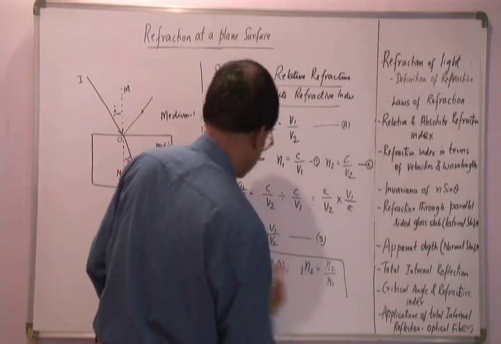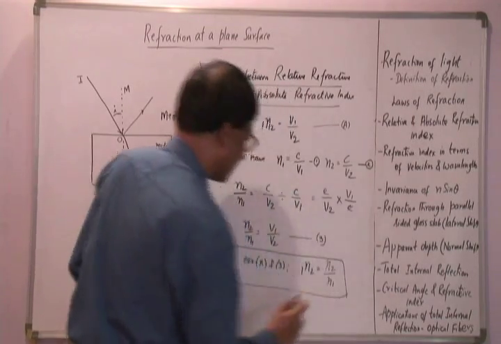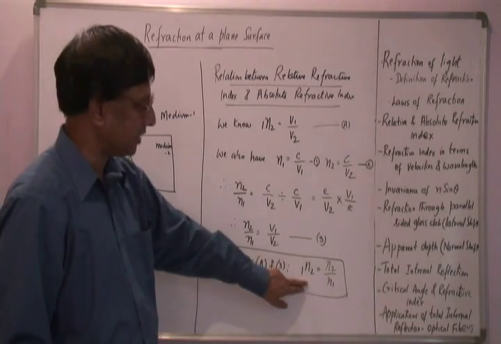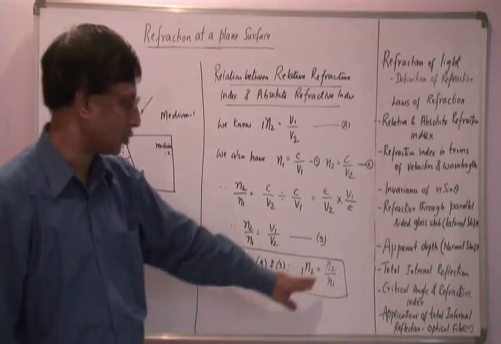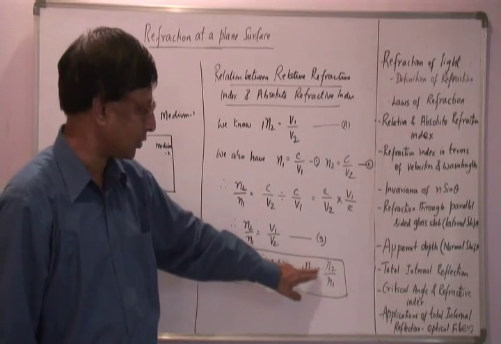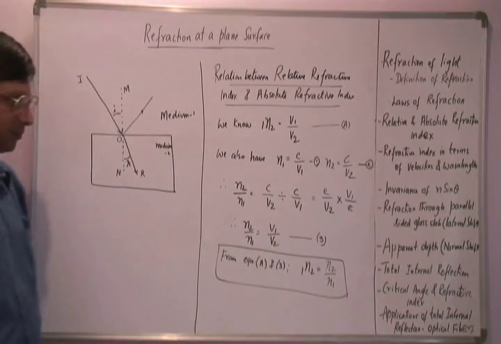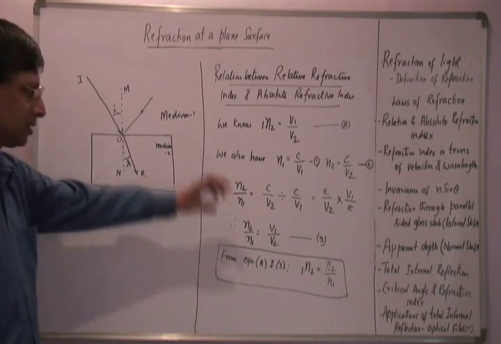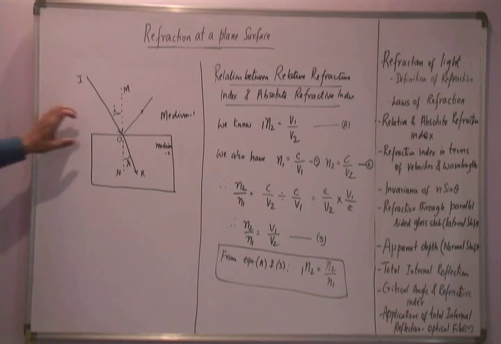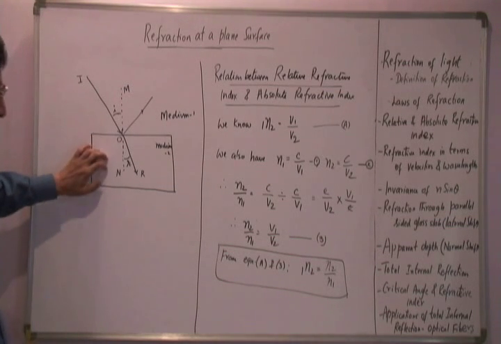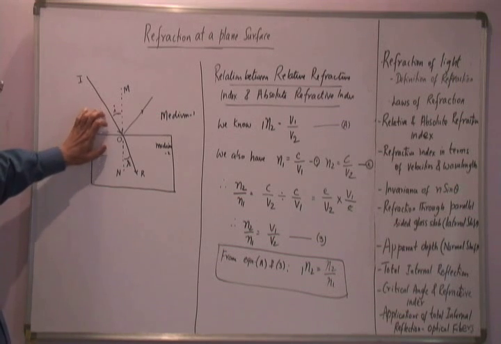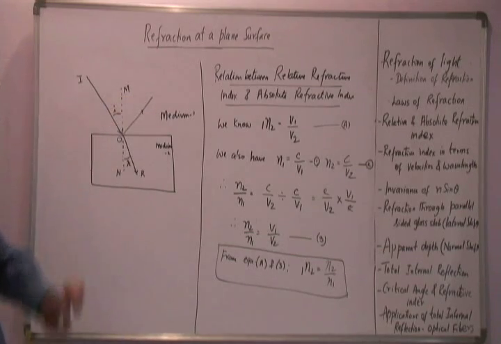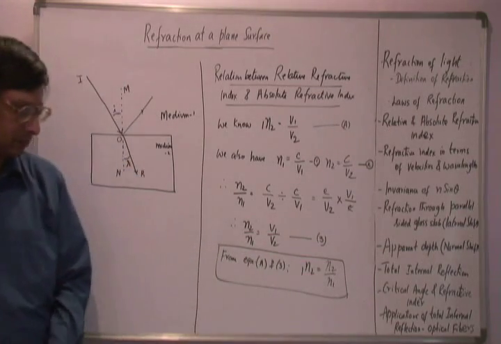So this is the expression that gives me the relationship between relative refractive index and the absolute refractive index of the two media. So 1n2 is equal to n2 divided by n1. In other words, the relative refractive index of medium 2 with respect to medium 1 is the same as the absolute refractive index of medium 2 divided by the absolute refractive index of medium 1.